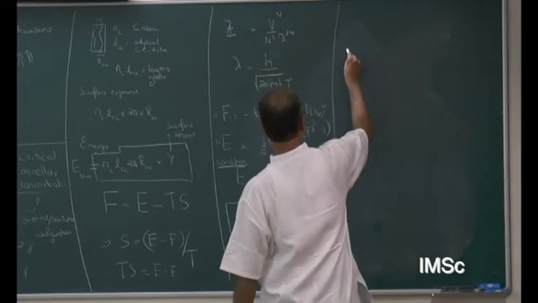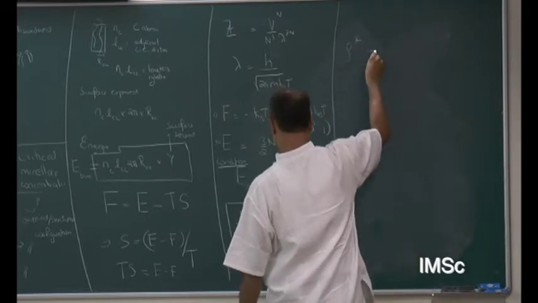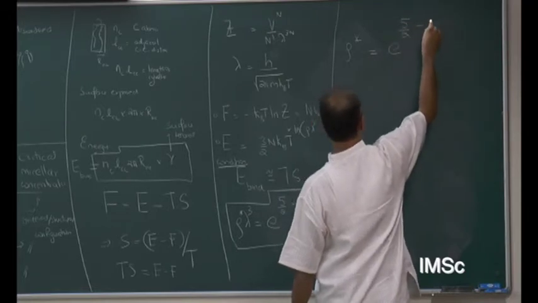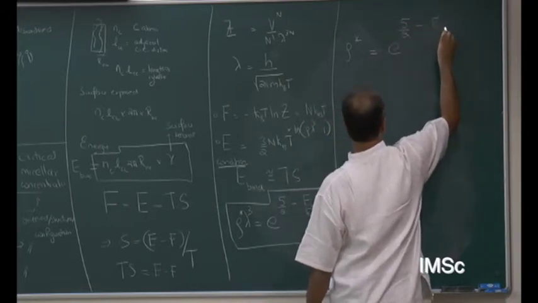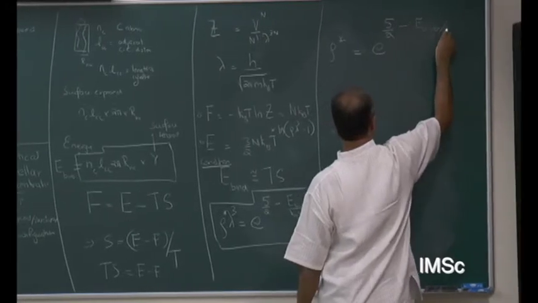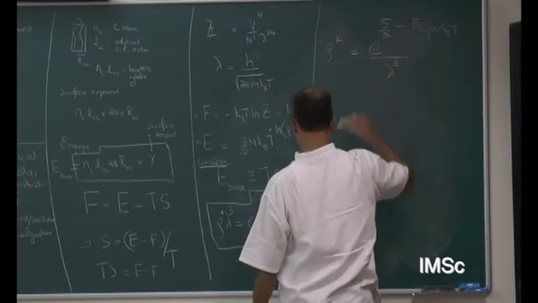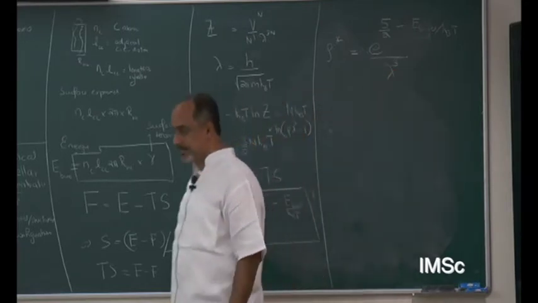So rho star is just e to the power 5/2 minus E binding divided by kBT, times the factor of lambda cubed. Okay?